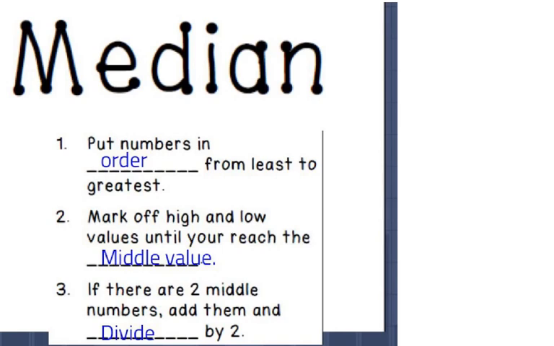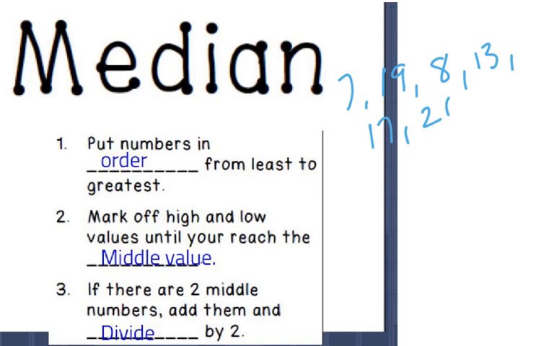So for example, if I have 7, 19, 8, 13, 17, 21. What I'm going to do is take these values and first list them in order from least to greatest, okay?